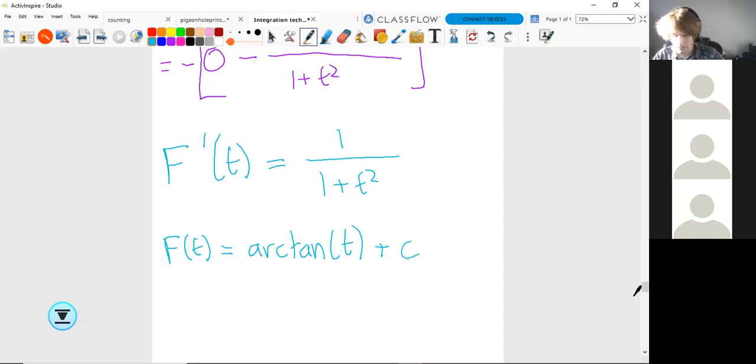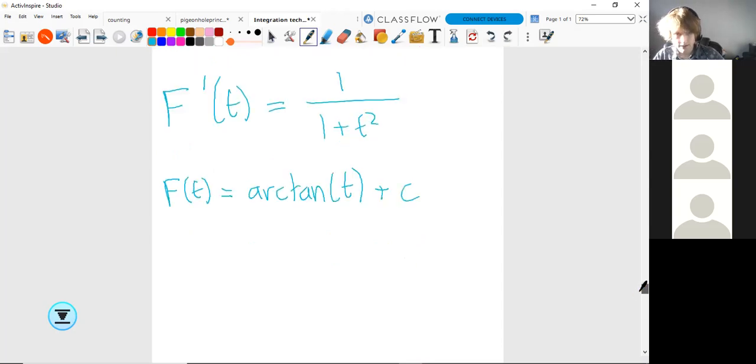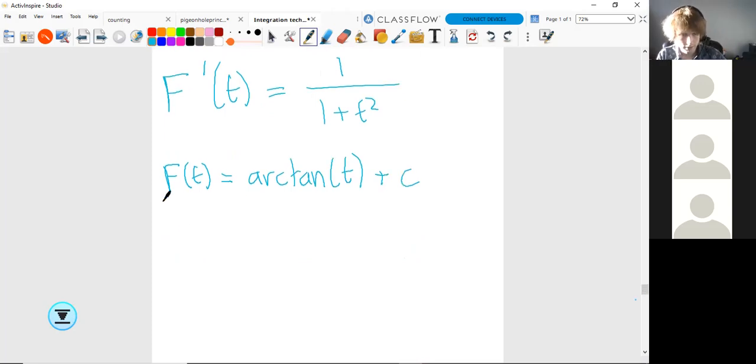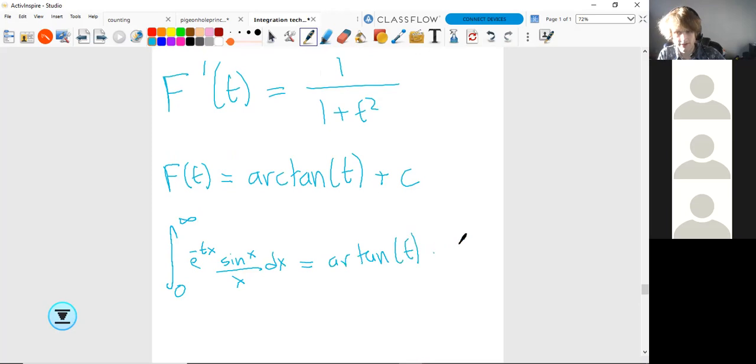Let's rewrite this here. We have 0 to infinity, e to the minus tx, sine of x over x dx, and this is equal to arctan of t plus c.